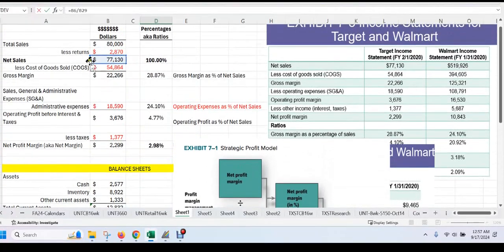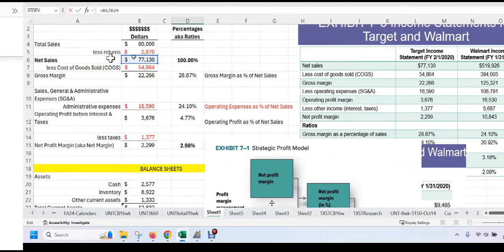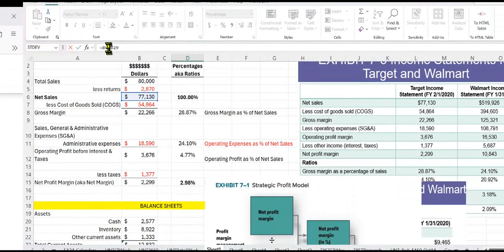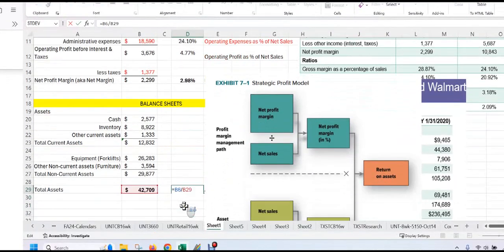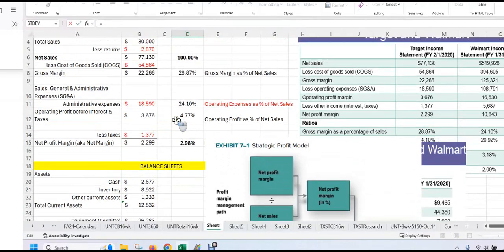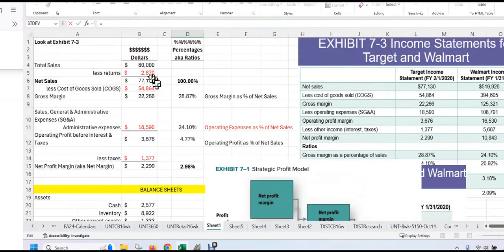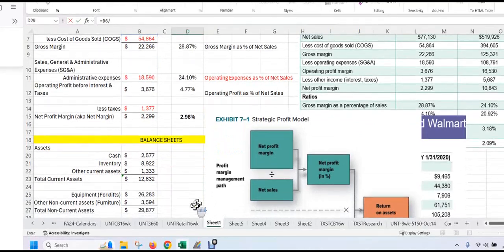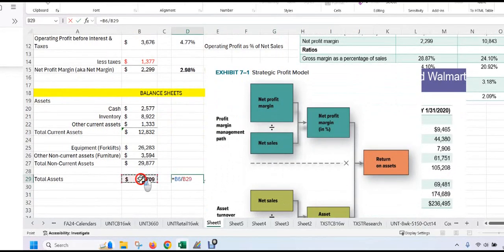Remember our spreadsheet, net sales. Everything's at that 100% line. Net sales, and we're going to divide it by what? Oh yeah, total assets. So I can go equal, and I can go up here and grab it. I don't even have to type. I can just click on it. I need the dollar amount for net sales, and I need the dollar amount for total assets.